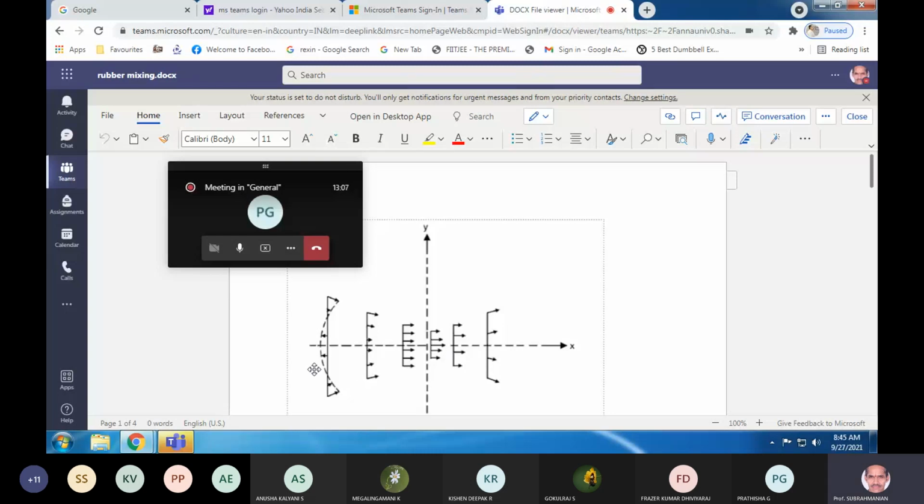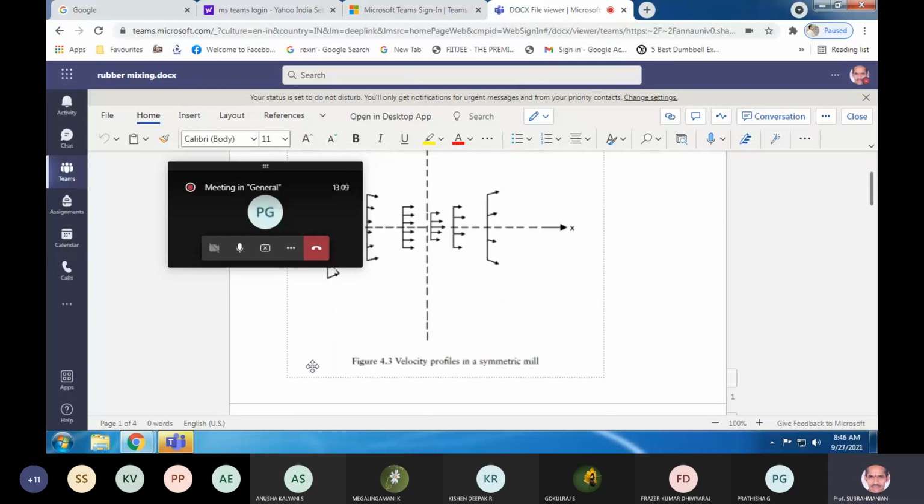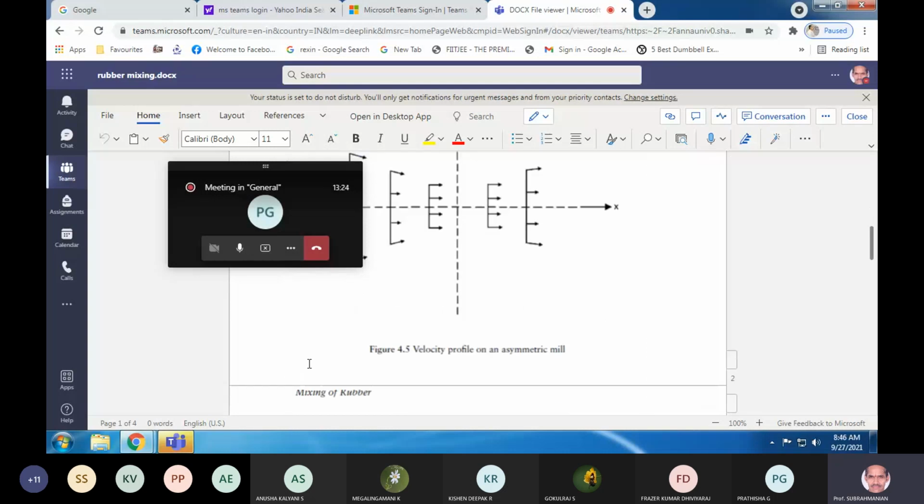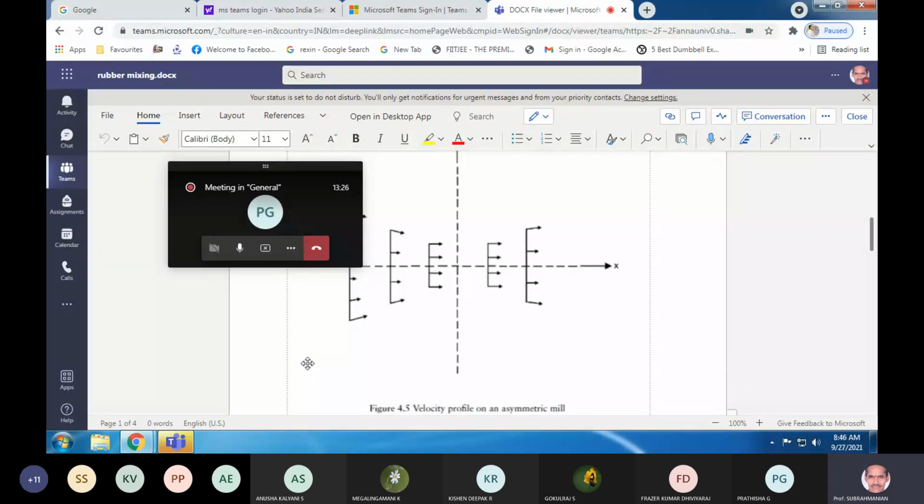Okay, this is the velocity profile in a symmetric. Symmetric meaning the rolls are rotating at the same surface velocity. Okay, what about the asymmetric? This is what we encounter in an open mill, rubber mixing mill. Okay. So what you see here, there is no backflow.